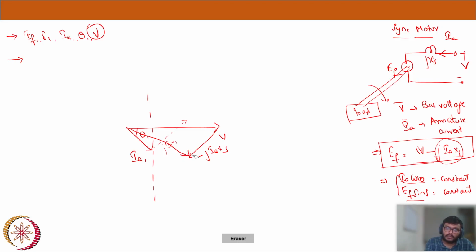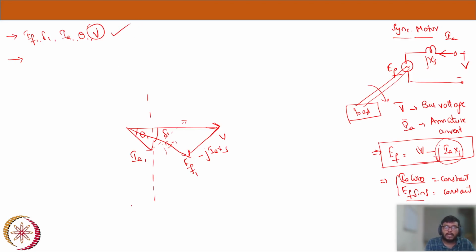Actually, EF plus JIA XS gives the resultant V. Now what is the angle between EF and V? That is delta 1, and this is EF1. These are the operating points at the initial condition.